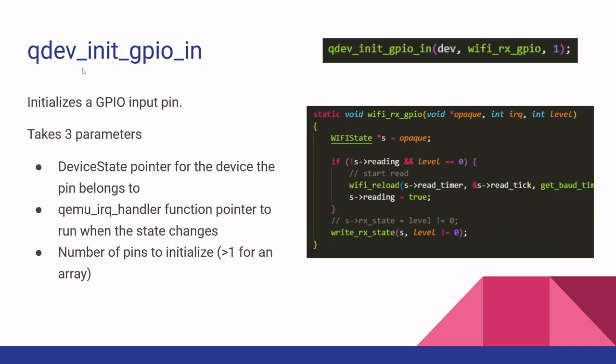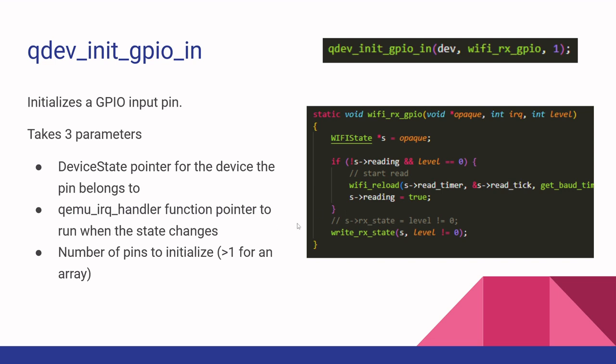So the QDev init GPIO in initializes a GPIO input pin. It takes 3 parameters. You have your device state pointer, which is the device that you want to create the GPIO for. It has a function handler, a unique type called a QEMU IRQ handler, but it basically just takes an opaque pointer to some state, the IRQ number, and then the level that it was being set to.